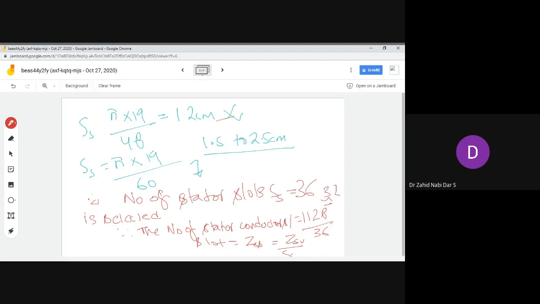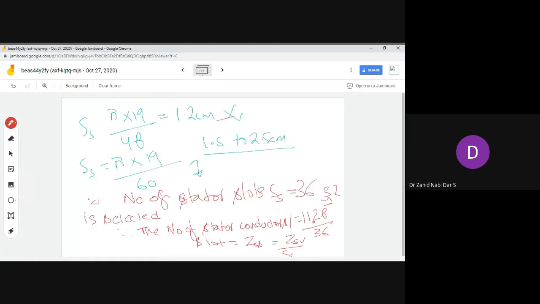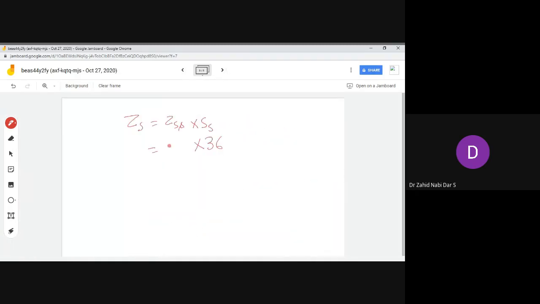So ZS would be equal to ZSS into SS. SS you have calculated is 36, ZSS you just now saw from the calculation, 1128 by 36 is 32. So 32 into 36 is around 1152. So the actual number is 1152.